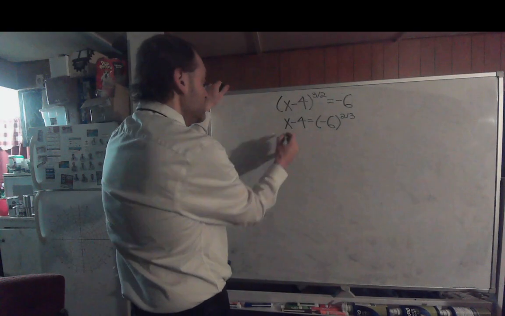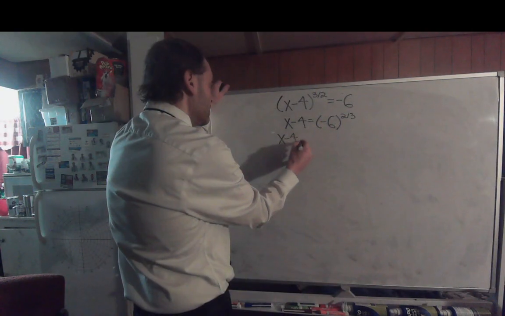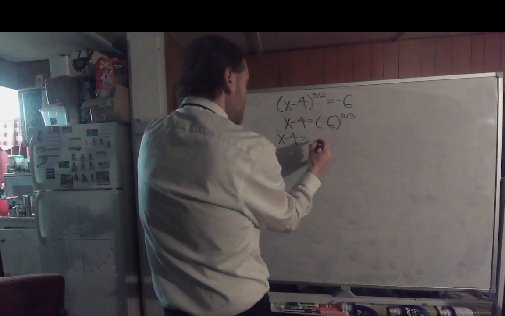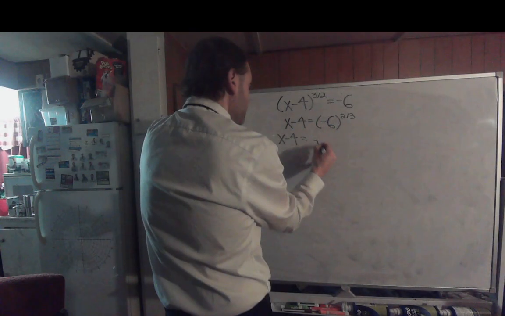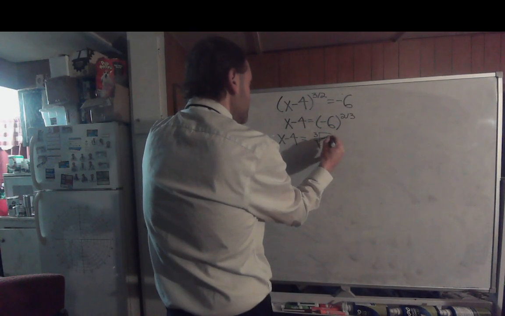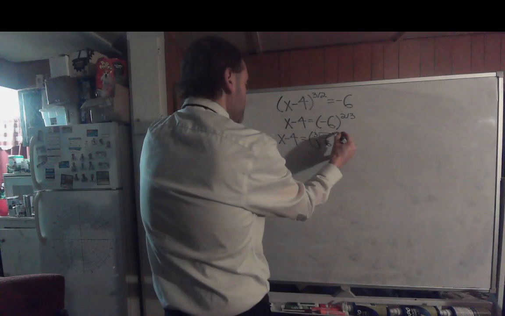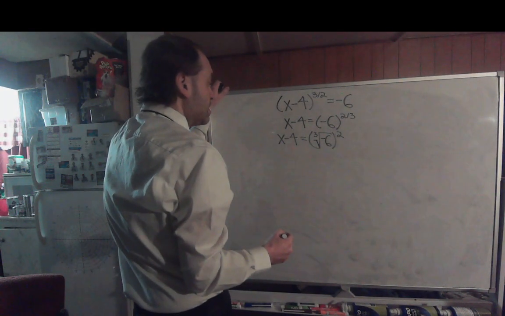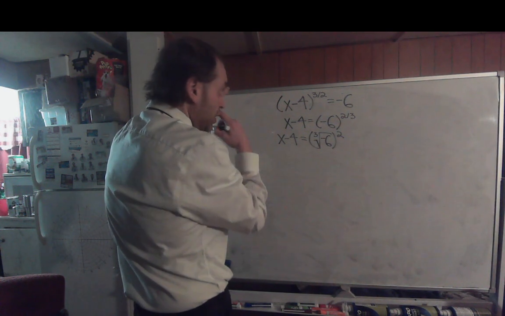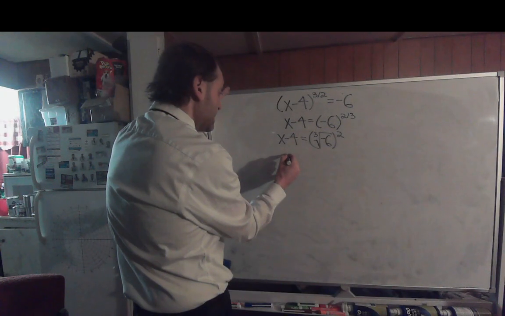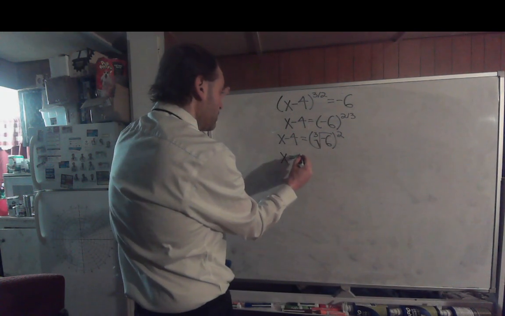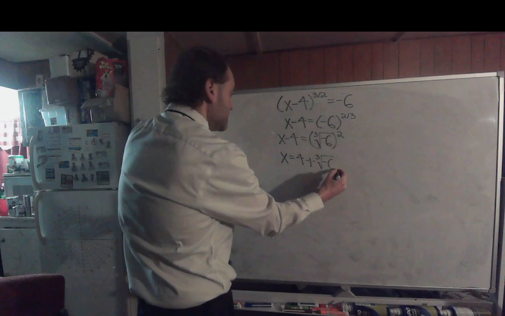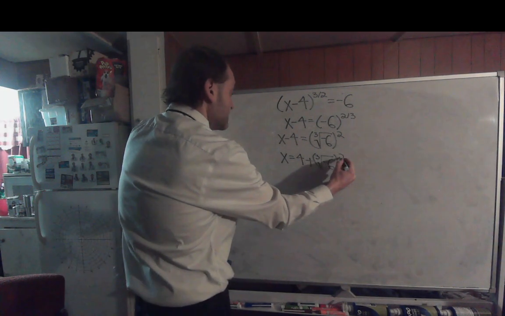Okay. So you still have x minus 4 is equal to, this is the same as the cube root of -6 raised to the 2nd power. Which would give you then that x would equal 4 plus the cube root of -6 raised to the 2nd power.